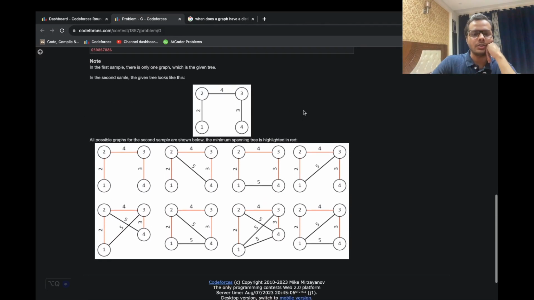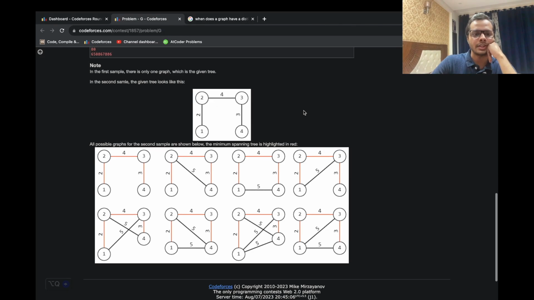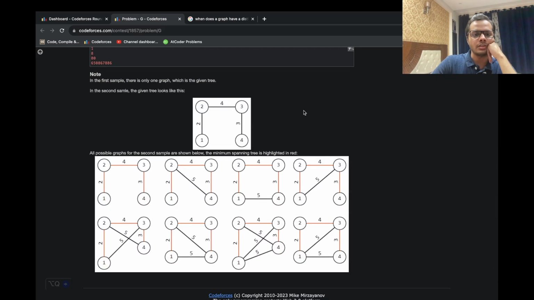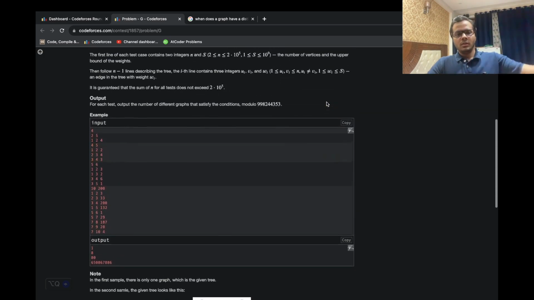I think this is the only property that the graph needs to satisfy. So if the value of n was smaller, we could have simply looped around all the pairs and then just found out the minimum value of the edge between them, and we could have added any value of edge between those two nodes such that the value of that edge is greater than the maximum in the path. Okay, all right.